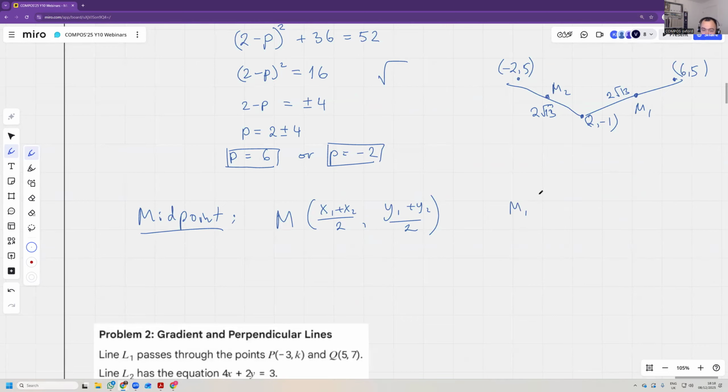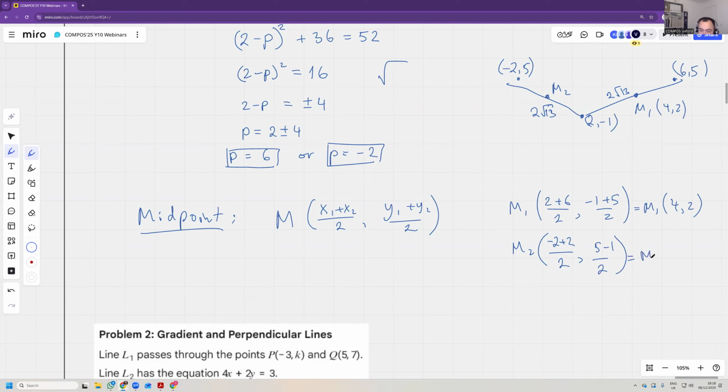So M1 is going to be (2 plus 6) divided by 2, comma, (-1 plus 5) divided by 2. So M1 is 2 plus 6, 8 over 2 is 4, and 4 over 2 is 2: (4, 2). And M2 has coordinates (-2 plus 2) over 2 and (5 minus 1) over 2.